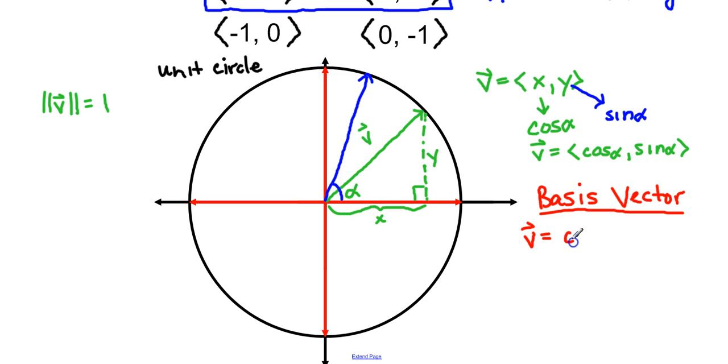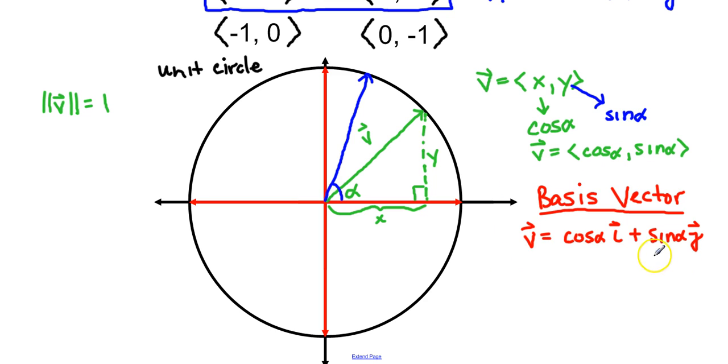So I get cosine of alpha times the basis vector in that x direction, which is just going to be I, plus sine of alpha times that particular basis vector, 0, 1. So here's how we write this thing in terms of basis vectors.